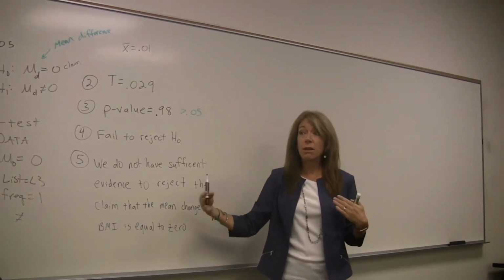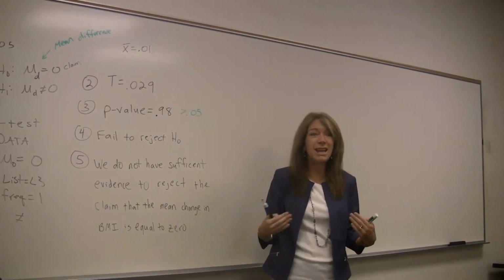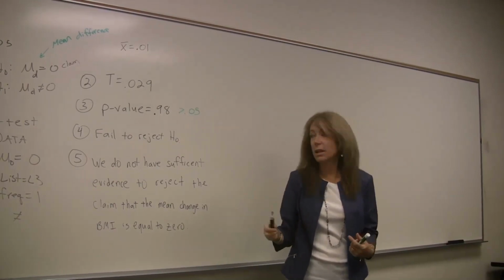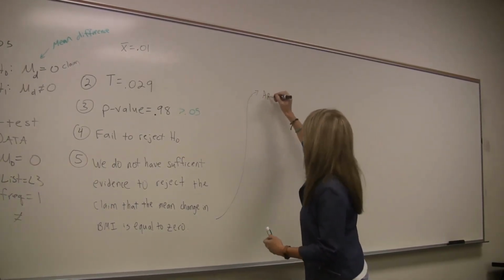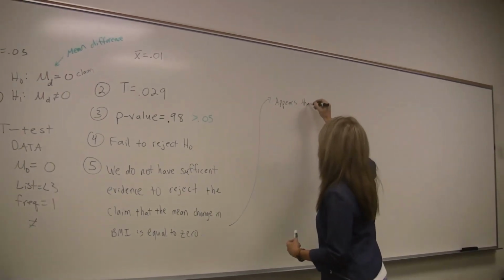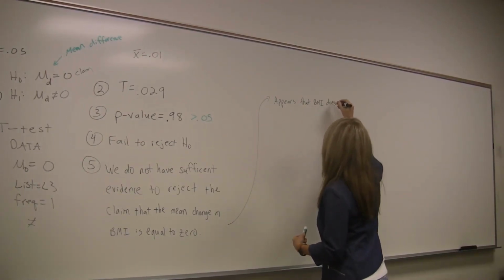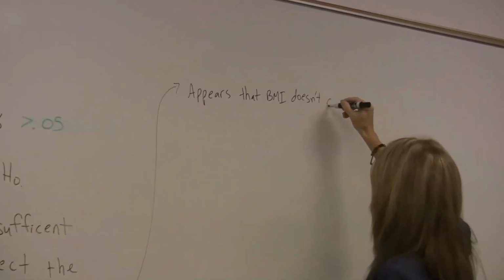So again, because we're not rejecting that it's equal to 0, it appears that really it is 0. We can't say anything more than it appears that there's no change, because we didn't reject it. So the follow-up would be: it appears that BMI doesn't change. So all those myths about the freshman 15 are gone.